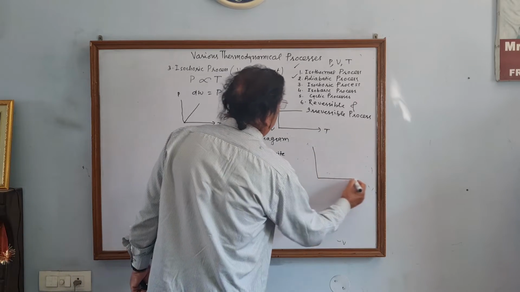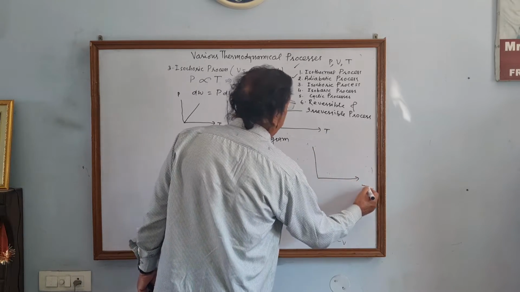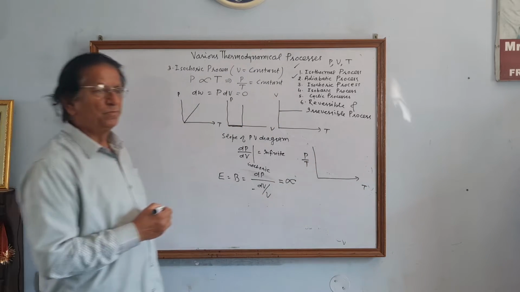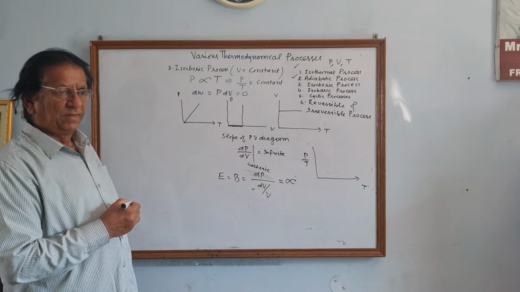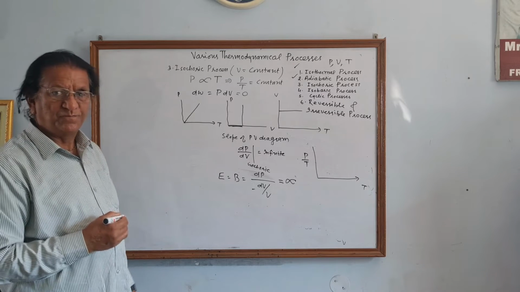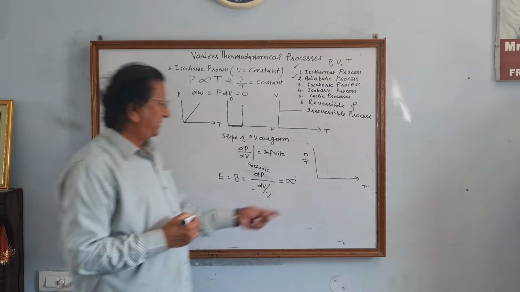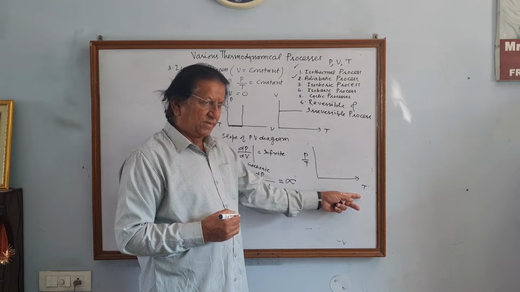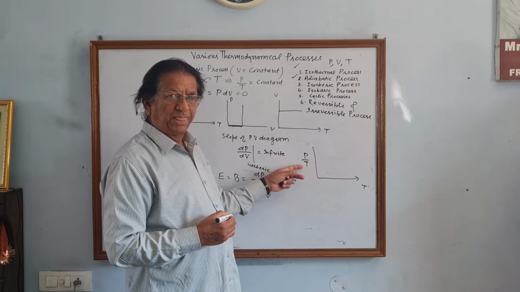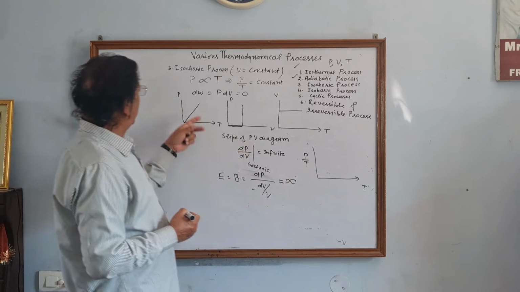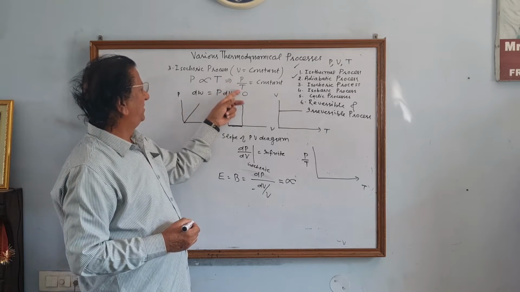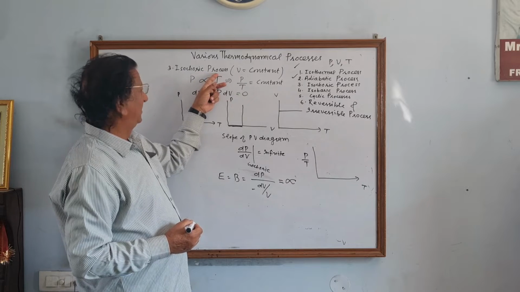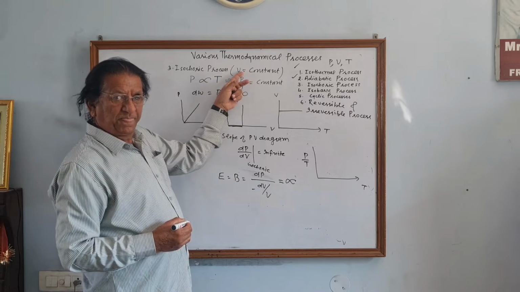Now if you take a graph between T and P by T, what type of graph do you expect? A graph between the absolute temperature of the gas versus P by T. Look at this relation: P by T is a constant. The process is isochoric, it takes place at constant volume.